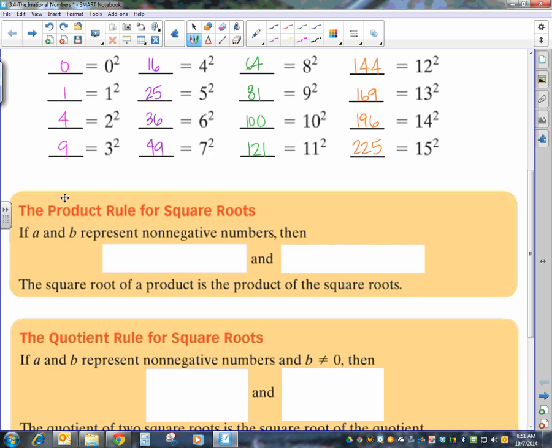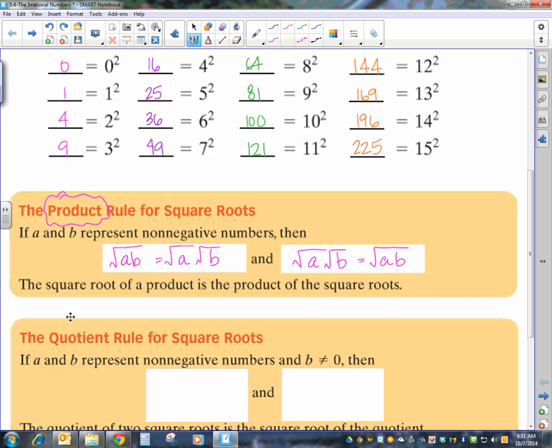Okay, so we have two rules that we need to be aware of in our operations with square roots. One is our product rule, which tells you that the square root of a product is equal to the product of the square roots. So if I have them multiplied together underneath, then I can separate them, and I can go the other way: the product of the square roots is equal to the square root of the product.